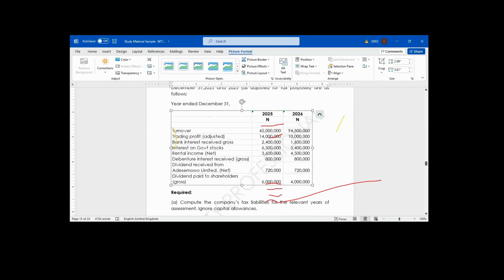If you add any other taxable income, such as rental income of 5 million, dividend interest and debenture interest, everything together will be more than 100 million.